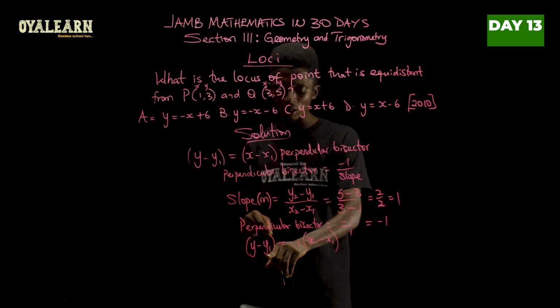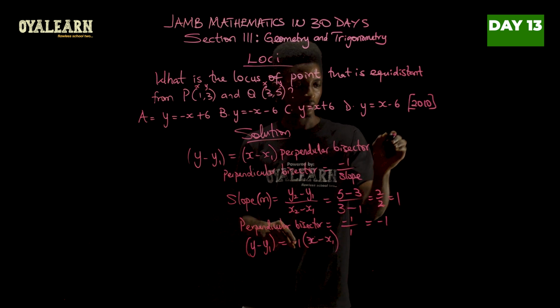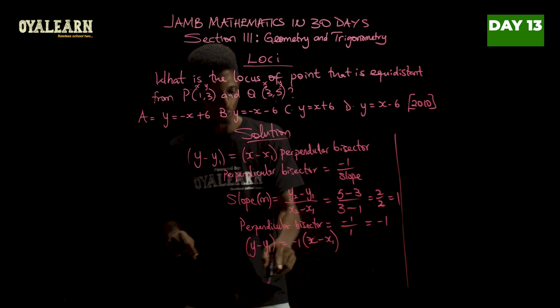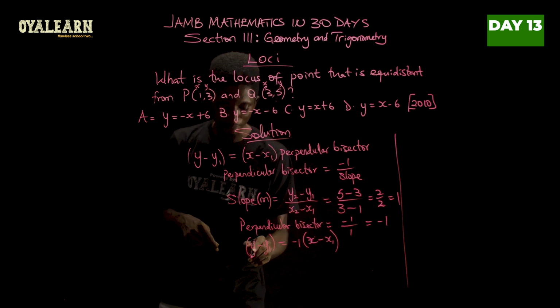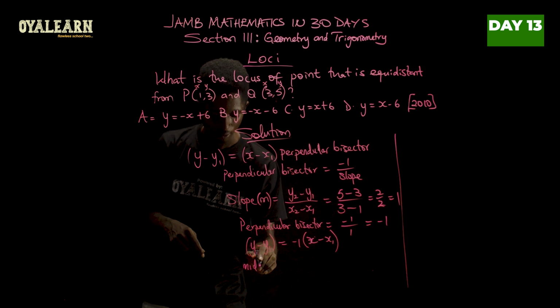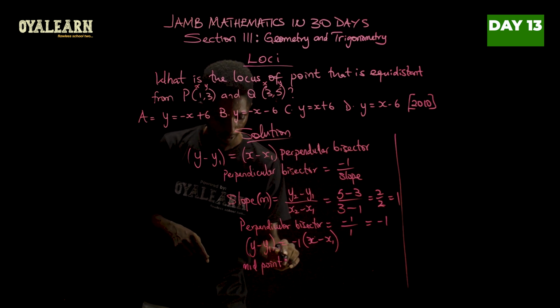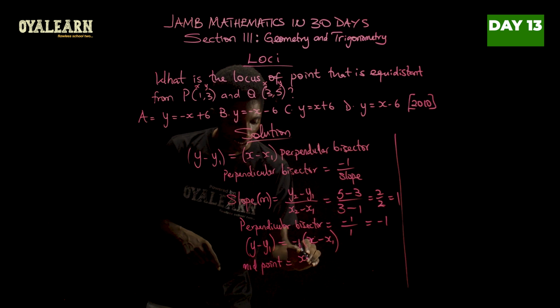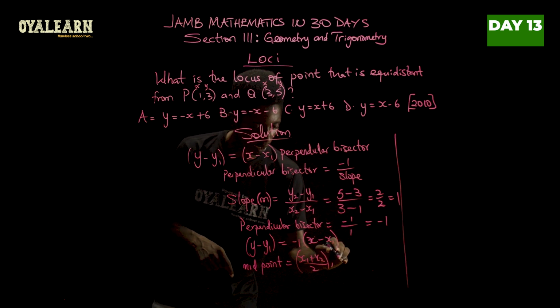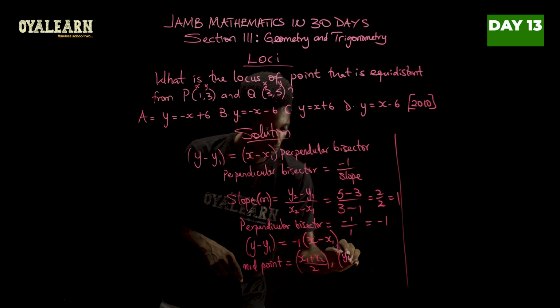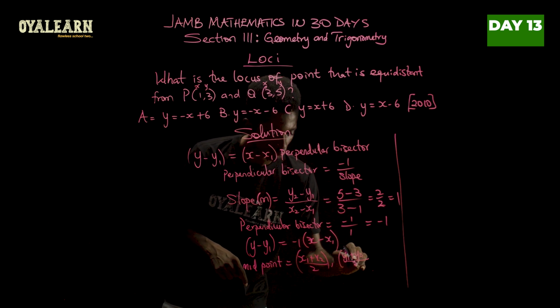Now, we don't have these points yet, so let's go on to find the point x1 and y1. To do that, we're going to find the midpoint. And our midpoint is x1 plus x2 over 2, comma, y1 plus y2 over 2.